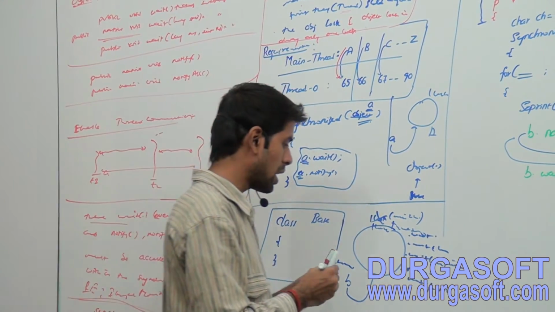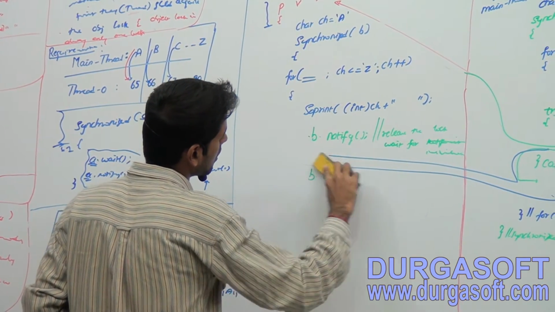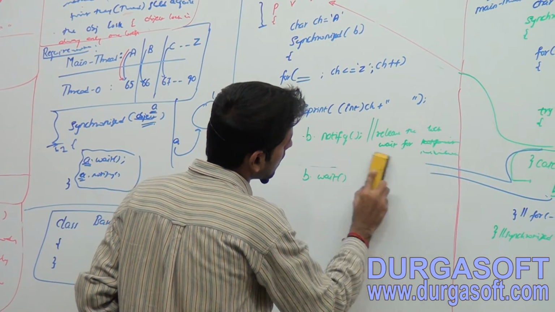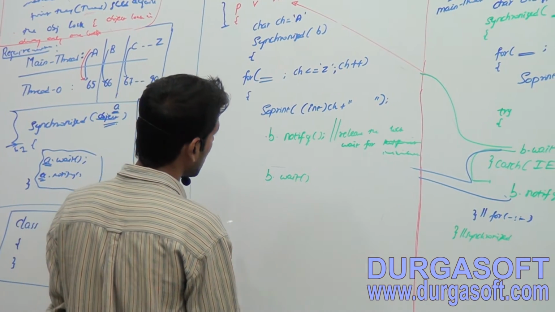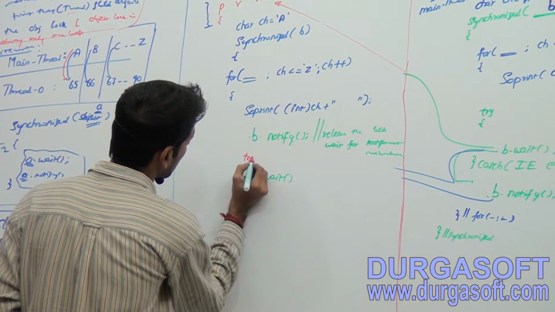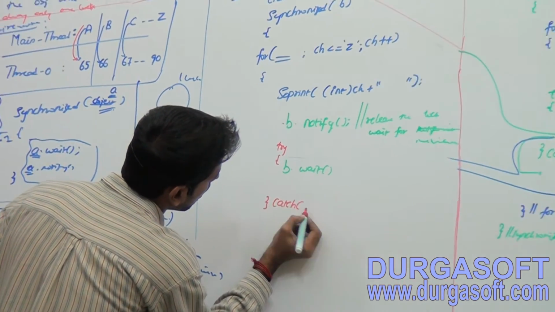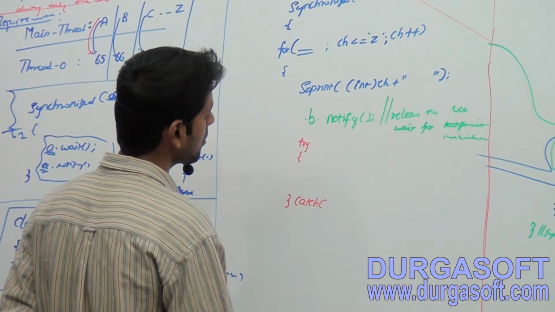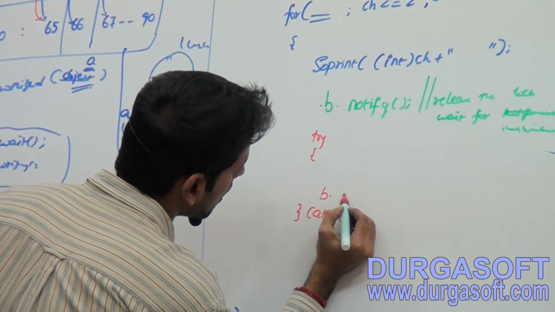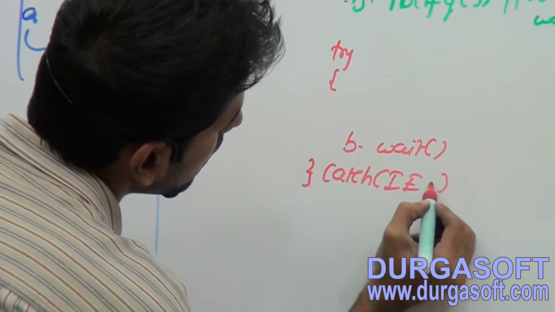So put that one within the try and catch block. Okay, let it be b dot wait method. Let it be InterruptedException.